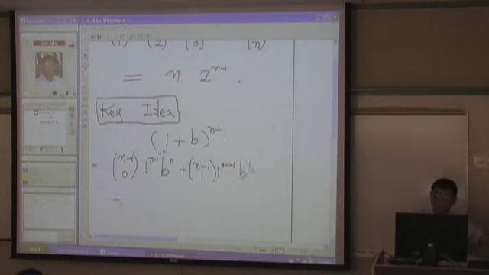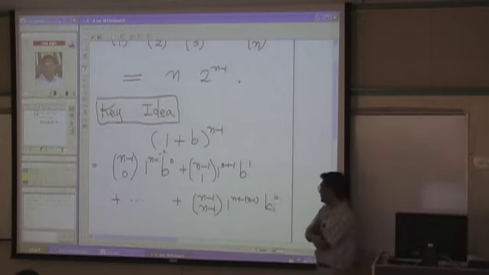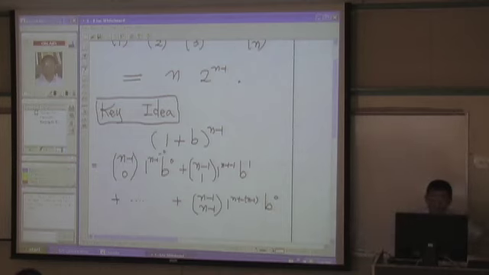And all the way up to n minus 1 choose n minus 1, and then 1 to the power of n minus 1 minus (n minus 1), and then b to the power of n minus 1. Oh, sorry, n minus 1. So, do you follow me?